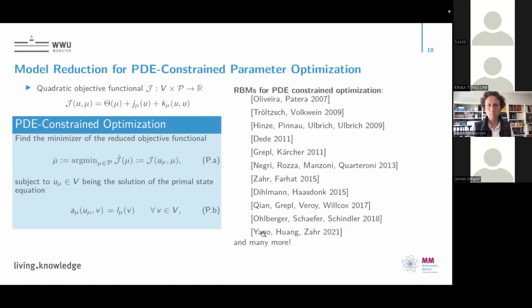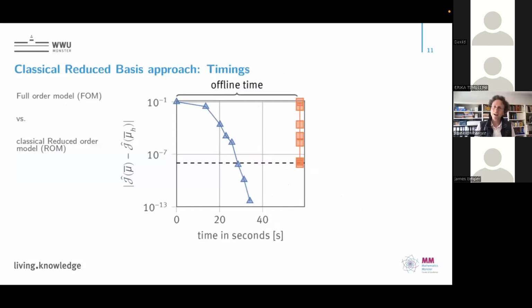And the work on which we mainly base our work here is the 2017 work from Qian, Grepl, Veroy, and Willcox. I will come to this later.